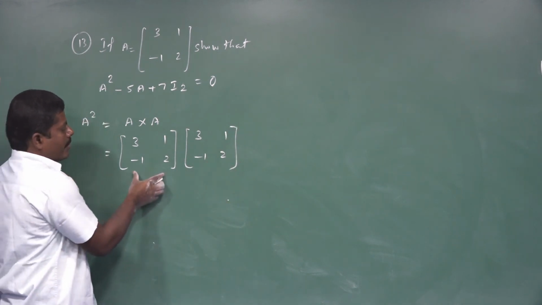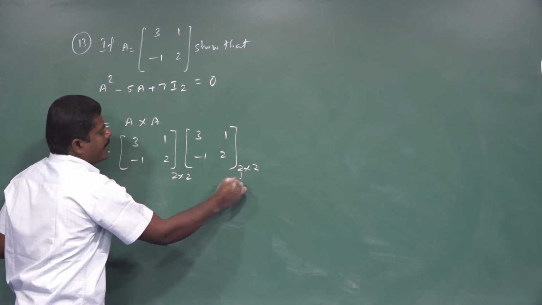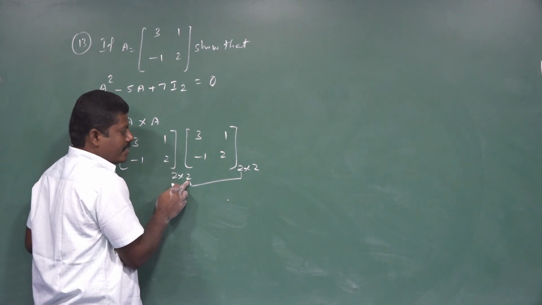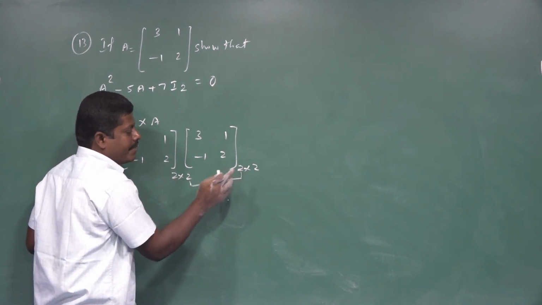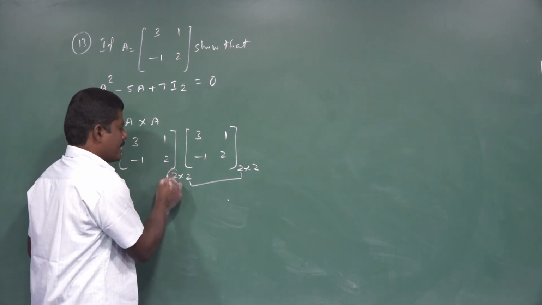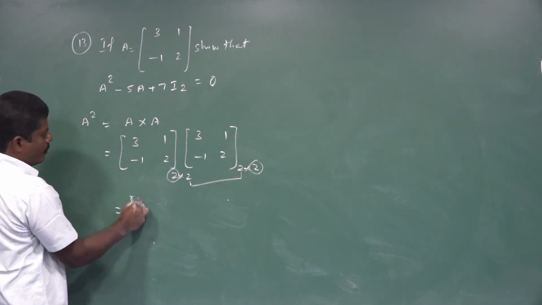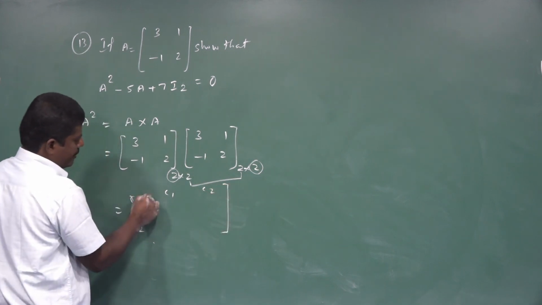Understand? Order of this matrix is 2 by 2, order of this matrix also 2 by 2. So multiplication is possible because the number of columns in our first matrix is equal to the number of rows in the second matrix. So our result order is 2 by 2, 2 rows and 2 columns. Row 1, row 2, column 1, column 2. This is our result order.